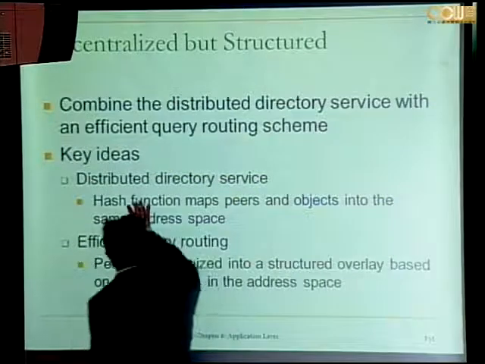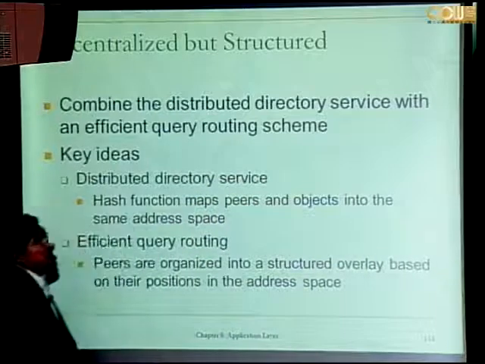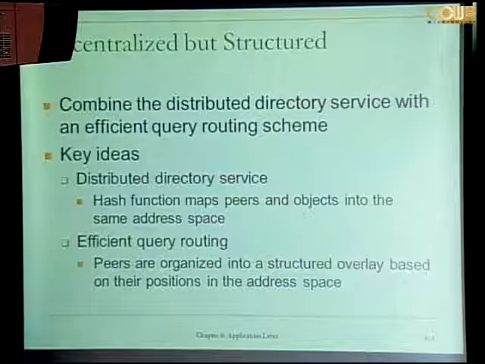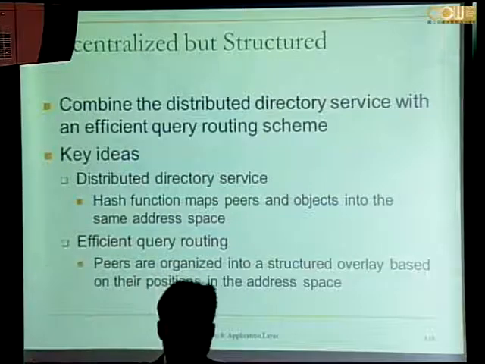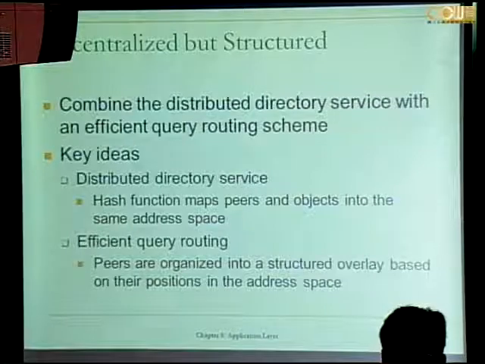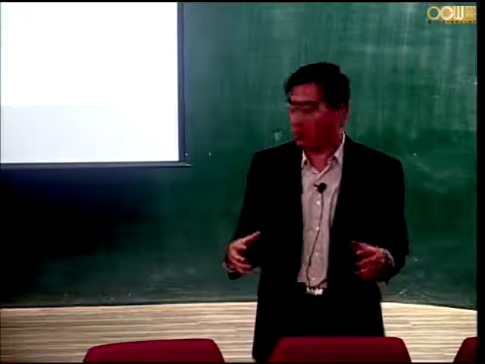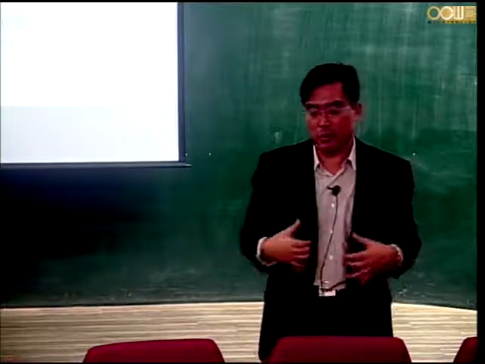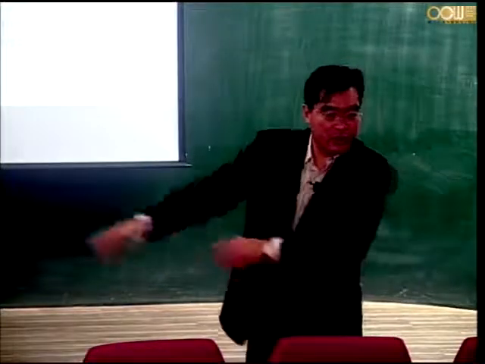The hash function maps the peers and the object to the same address space. We are all peers here, and we have a hash function that would hash us to an address space. We also use the hash function to map the object we have. Suppose I have ABC. I would hash ABC into the same address space.